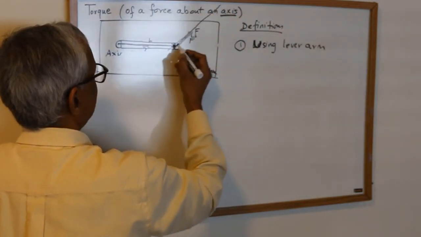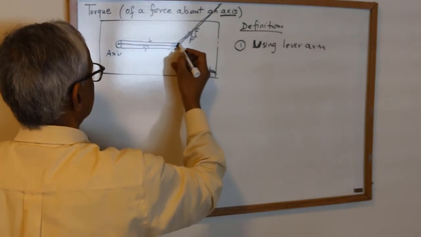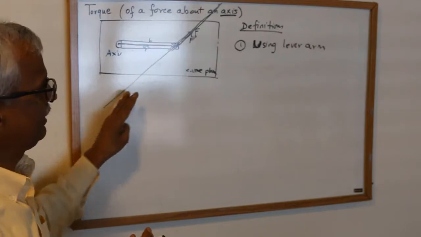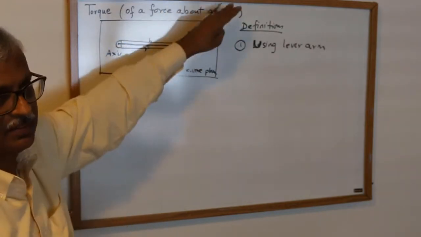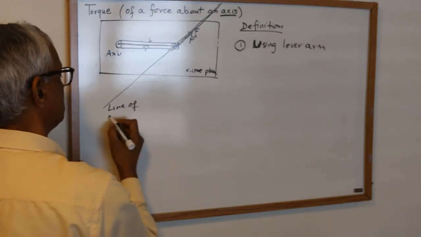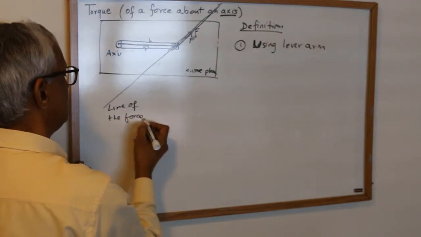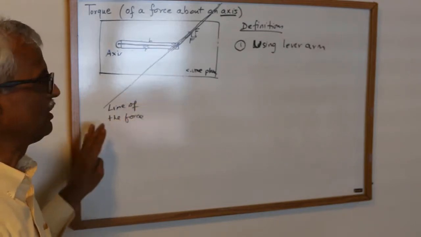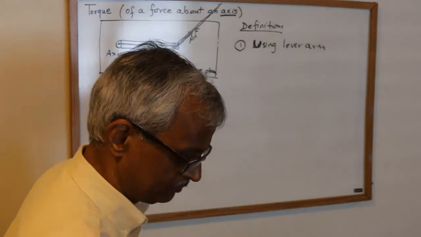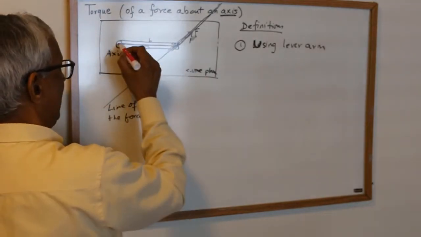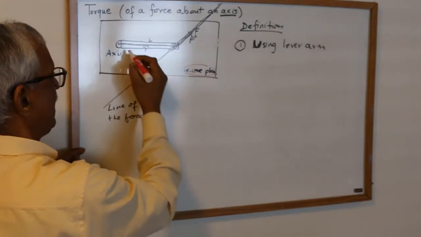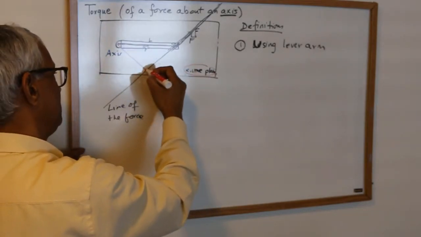So the force is acting along that direction, so go to the force and draw a line as long as needed. This is called the line of the force. Each force that you work with will have its own line, and then I go to the axis point, which is in the same plane, and from there I draw a 90 degree line to it.